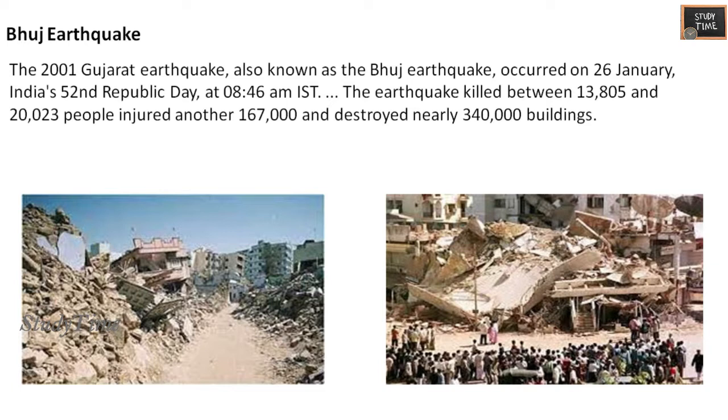The earthquake killed between 13,805 and 20,000 people, injured another 1,67,000 and destroyed nearly 3,40,000 buildings. So this was what happened in the Bhuj earthquake. So you can see the pictures.